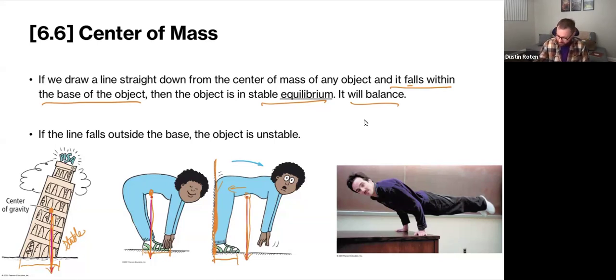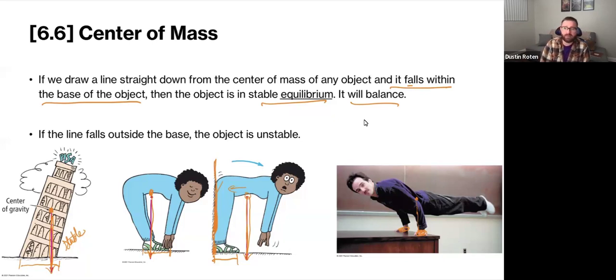And you can see here in this picture, here's this guy's base. It's a very small base, so this takes some practice. But if this is his base, that means his center of mass needs to be right over the top of his hands, which are acting as a base. If you can do that, you can hold yourself up like this indefinitely, as long as your arms don't give out.